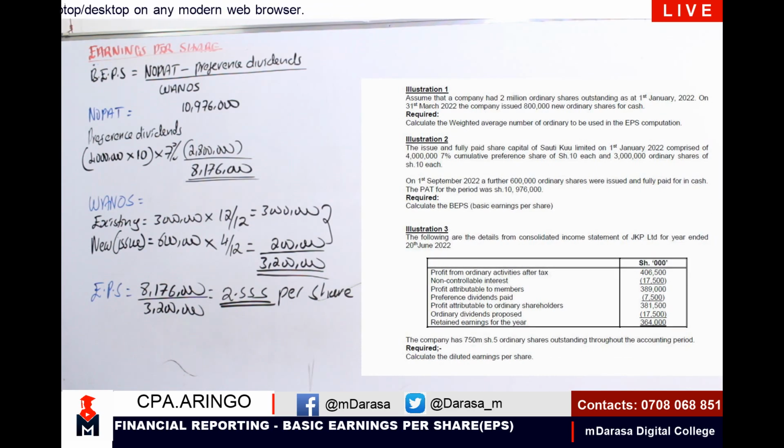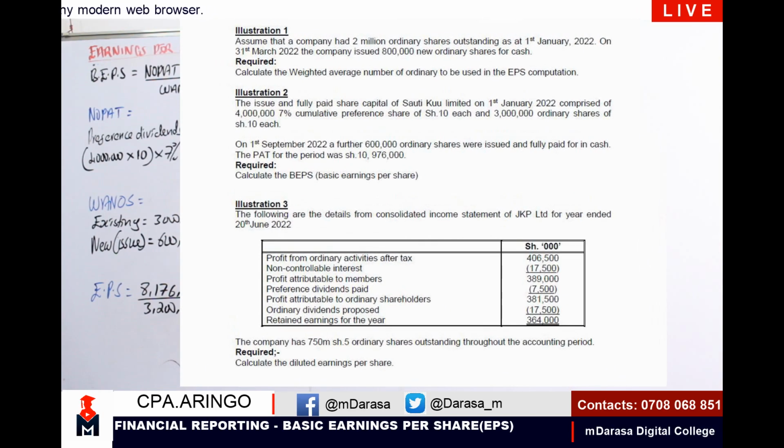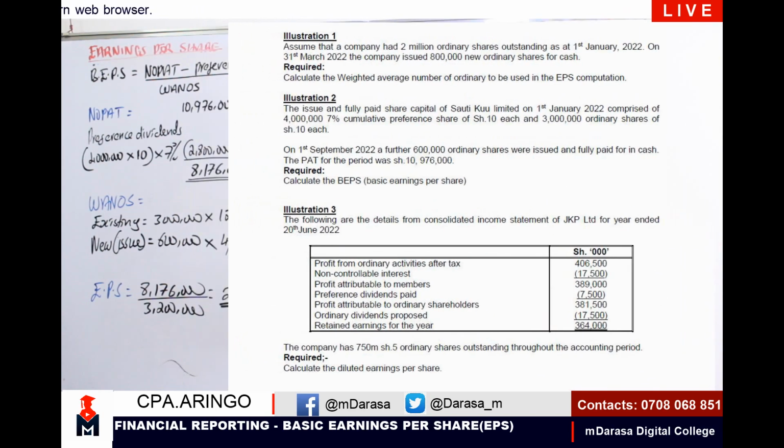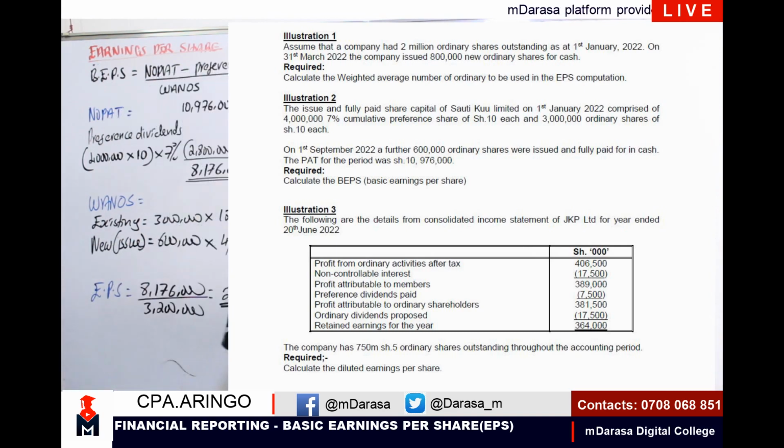In this question, this is what we are told. A very interesting bit: when you are asked for diluted and you don't have such items to be affected, how will you treat it? The following are the details from the consolidated income statement of JKP Limited for the year ended 20th June 2022.